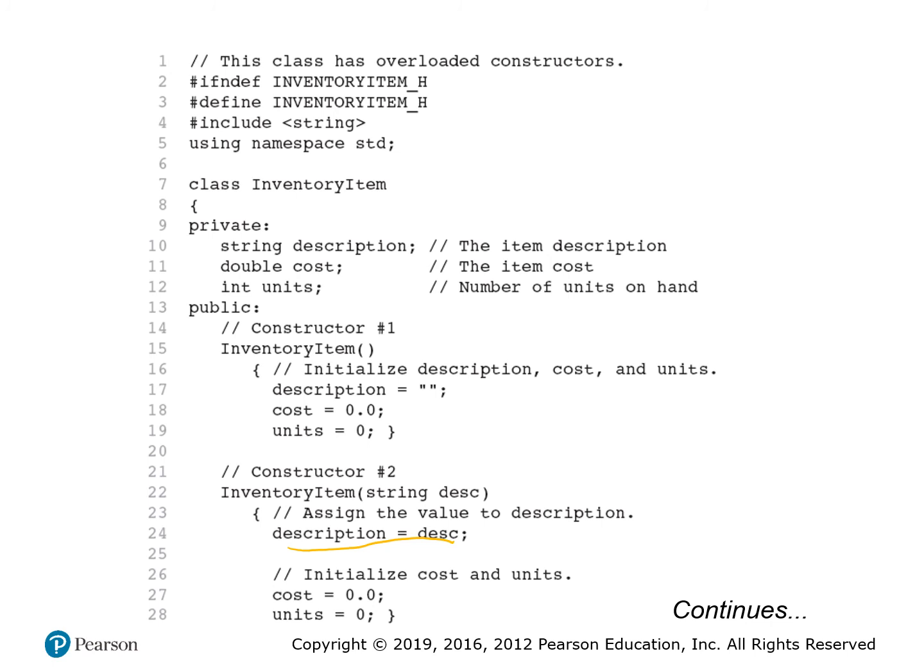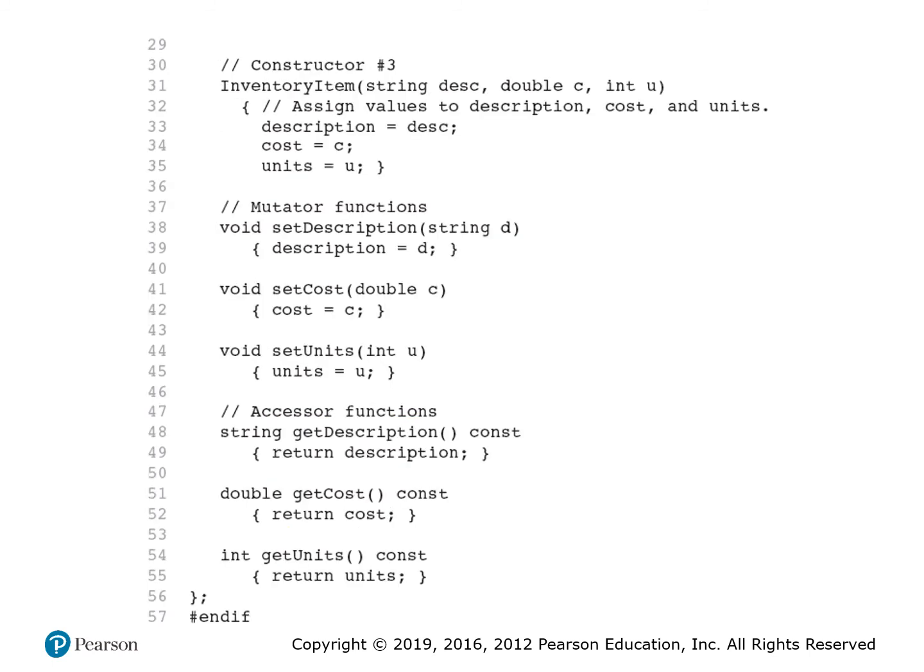And you pass nothing in the default constructor, which just sets description to a blank string. And then in the third one, you pass a string descriptor and a cost and unit, so all of these get set. So you get to decide when you create your object how much of that information you want to provide right away.